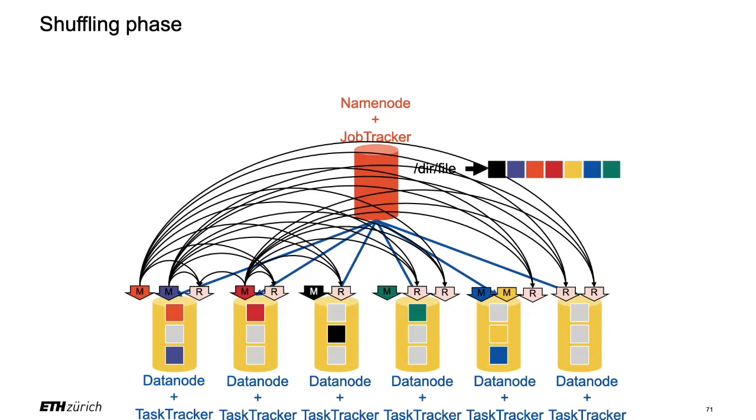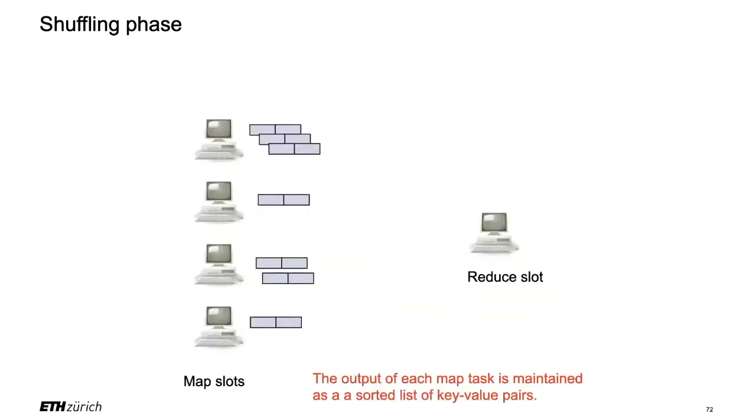Then you shuffle things around. Once you're done, it's all stored in memory, or if you flushed, on the local drives. And what happens is that in order to shuffle, the reduce slots are connecting over HTTP to all of the nodes and requesting the key value pairs that they are responsible for.